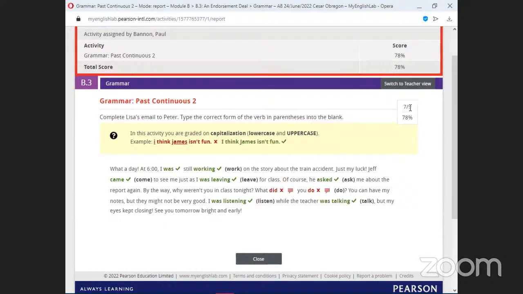The way Pearson grades these exercises, each blank is a point. So that's why 7/9. Okay, that's fine. So now let's go into the next part.